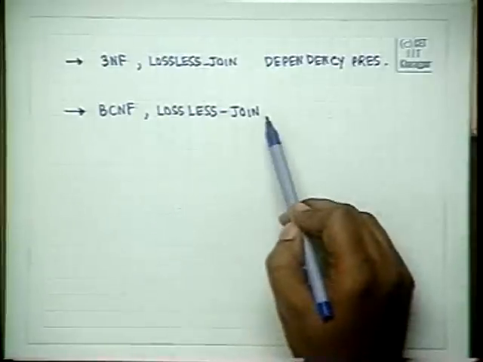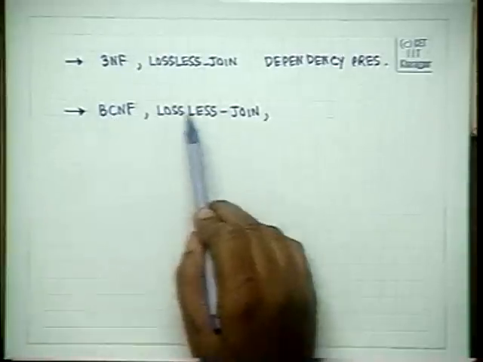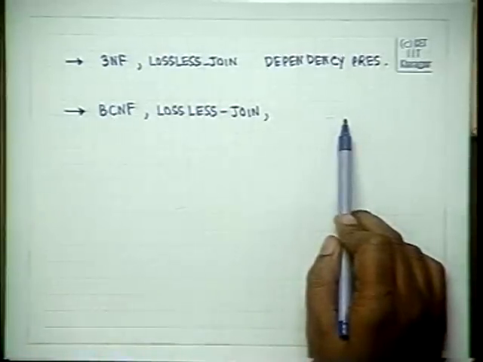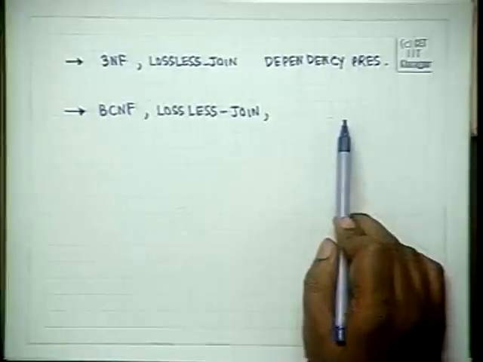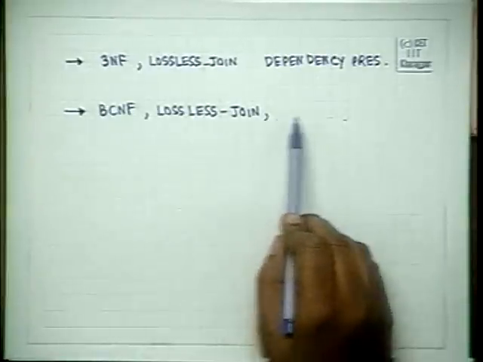And if we get dependency preservation, it's fine. We would always prefer BCNF lossless join dependency preservation, but that cannot be always guaranteed. So we will first try for BCNF lossless join dependency preservation, and if we see we can't get that, then we will have to make the trade-off whether we will go in for 3NF or we will break the dependency preserving concept.